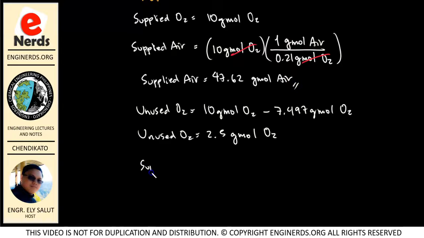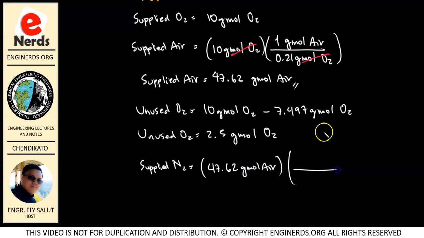So, supplied N2 is equal to 47.62 gram mole ng air multiplied to, so, isang gram mole ng air is 0.79 gram mole ng nitrogen, diba?